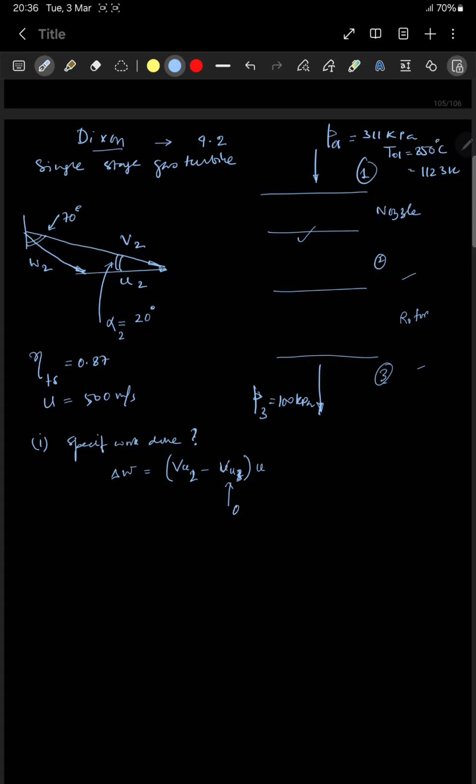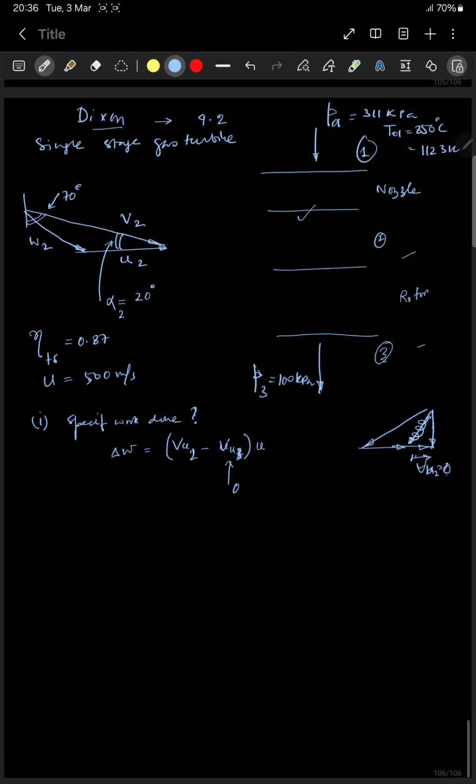This is 0 since it is axial. This is the normal diagram that we draw. Since it is perpendicular, it is actually like this, and there is no VU2 component. It's 0, right? So this is 0.